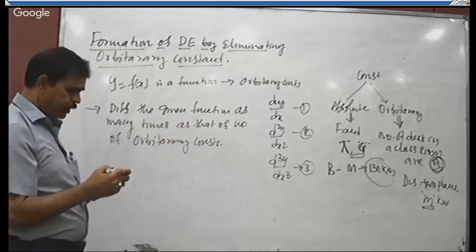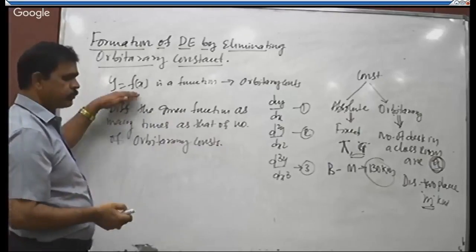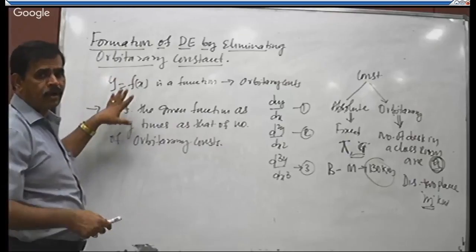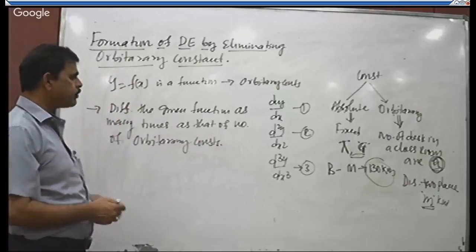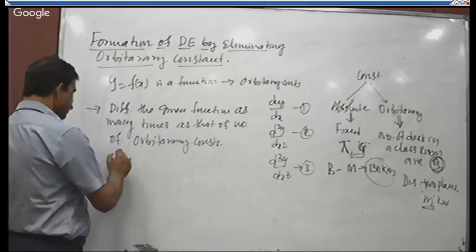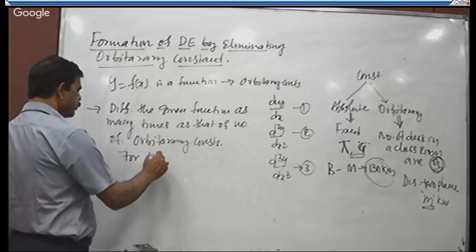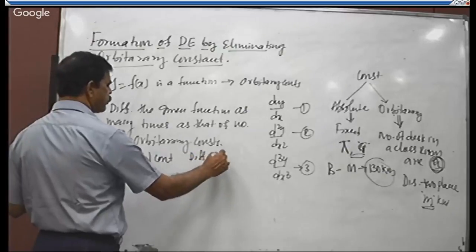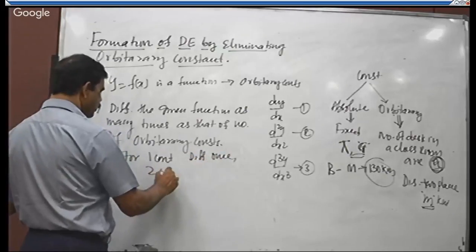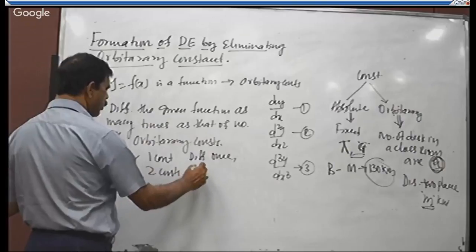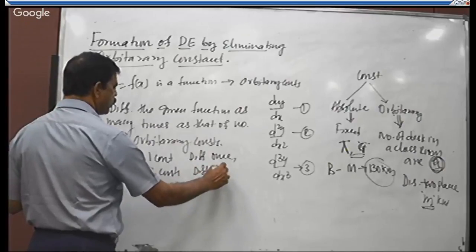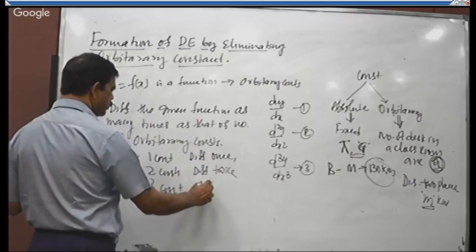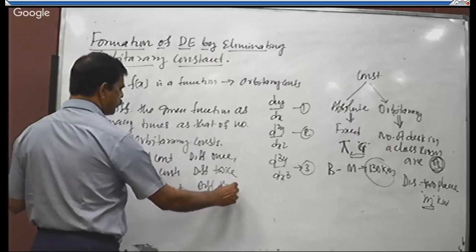So this is the first point. To form a differential equation from any function, we need to differentiate it. How many times? As many times as the number of constants. Suppose it has one constant, then we should differentiate once. If there are two constants, we have to differentiate twice. If there are three constants, we have to differentiate thrice, right?